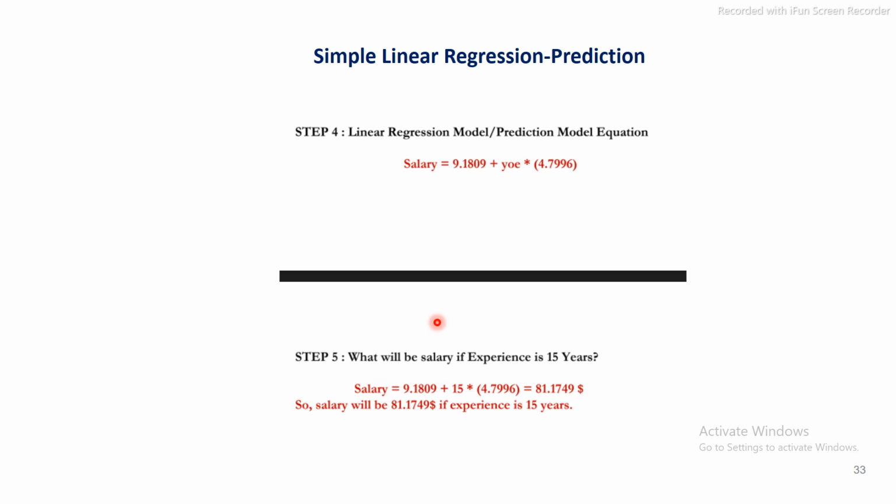Salary equal to 9.180, that is your C, plus YOE, year of experience, multiplied by the coefficient which we got, 4.7996. If someone has 15 years of experience, we replace YOE by 15 and multiply. We will get a salary of 18.1749 for 15 years of experience. This is just a simple one.